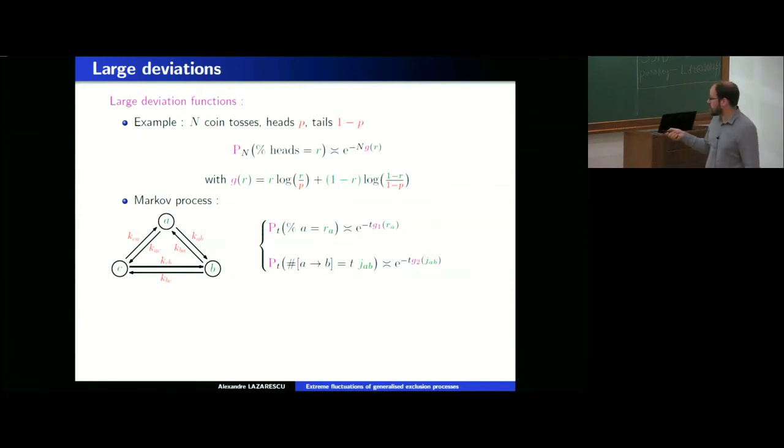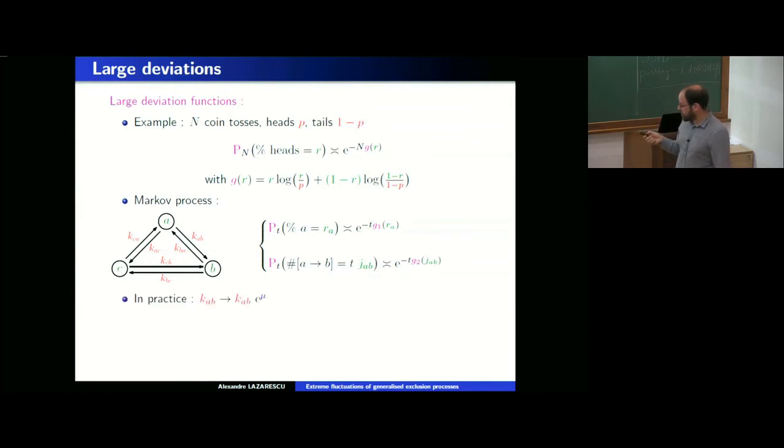I will be interested instead in the probability of observing a certain number of jumps from one state to another with a certain rate in time, which I call here J, which is the flux between A and B. And this also follows a large deviation principle with some other large deviation function.